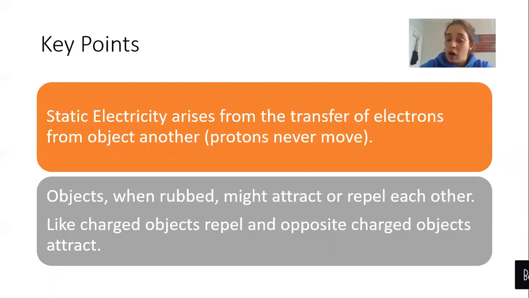So like charged objects repel, and opposite charged objects will attract. And that relates to the video that we saw with the pieces of plastic that were hanging from a string. Depending on what material those plastics are rubbed with, they either were positively charged and repelled, or they were oppositely charged and attracted.